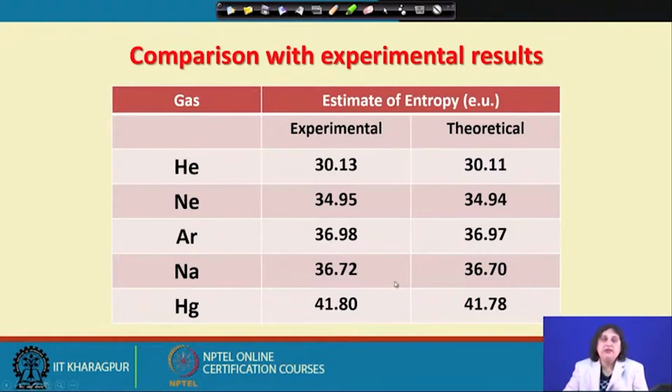So, this brings us to the conclusion that the formalism that we have proposed through molecular thermodynamics or statistical thermodynamics is actually an accurate one.